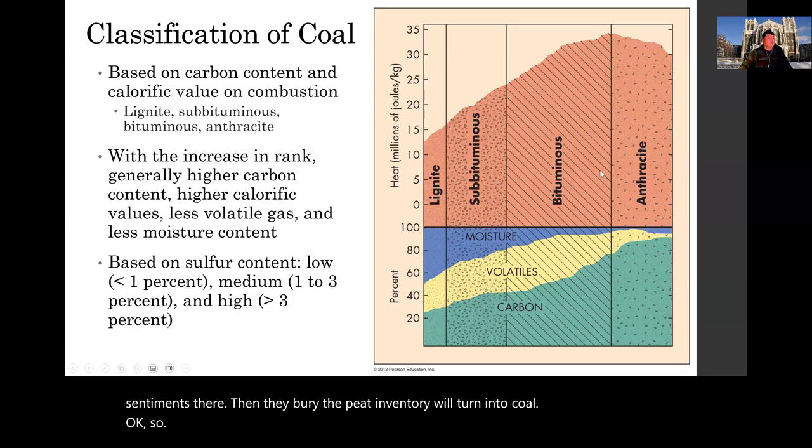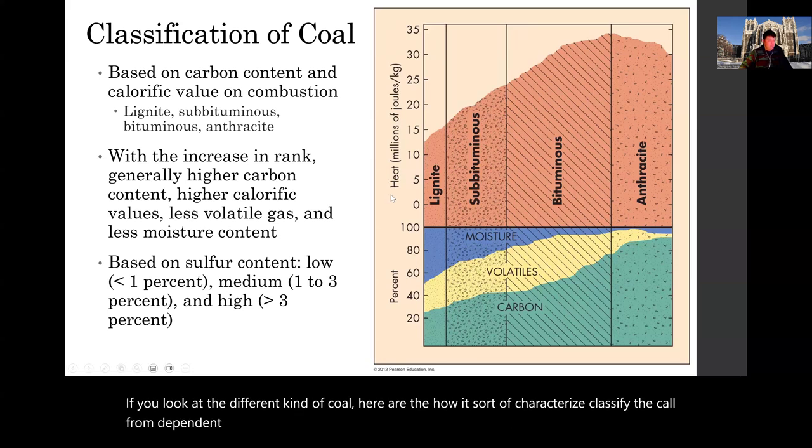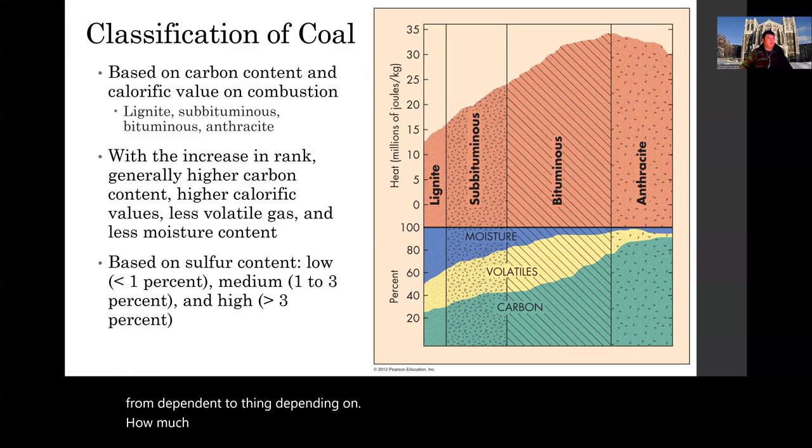If we look at the different kinds of coal, here is how we classify coal depending on two things: how much carbon, how much calorie they produce, like the heat. And the second thing is the sulfur content.